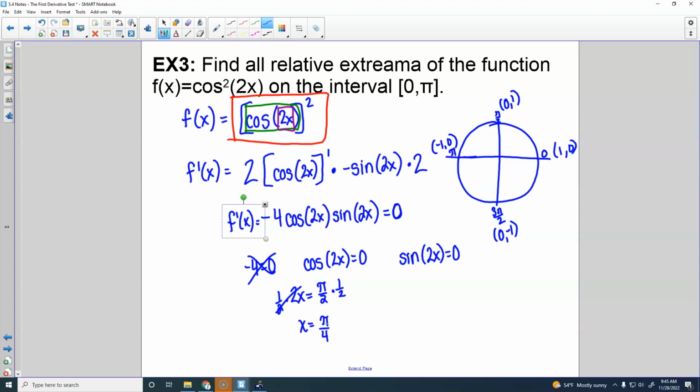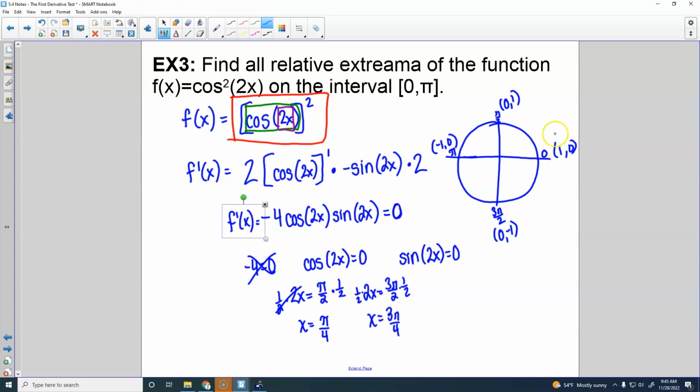Now, 3 pi over 2 is not between 0 and pi, but look what happens when you do this. 3 pi over 2 is not in the interval that we're supposed to be looking at. But I've got 2x equals 3 pi over 2. So if I multiply both sides by 1/2, I get x equals 3 pi over 4.